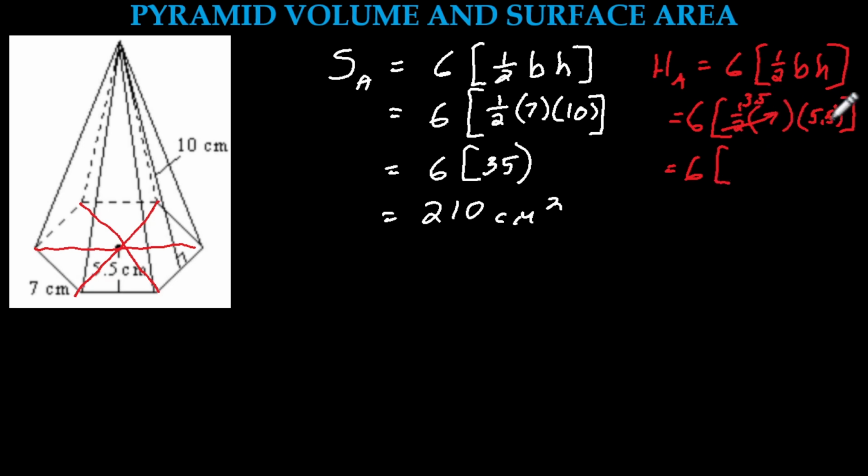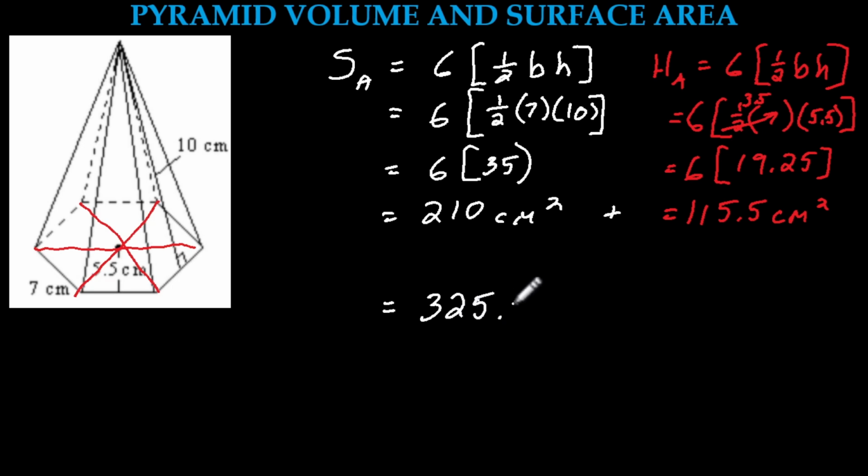So 3.5 times 5.5 is 19.25, and 6 times 19.25 is 115.5. And then for our total surface area, we just add these together, so we get 325.5 centimeters squared.